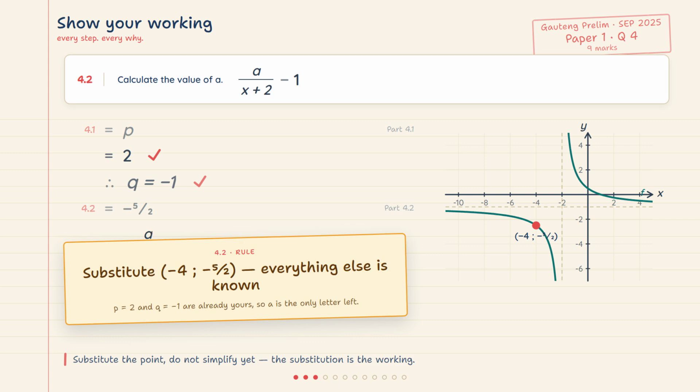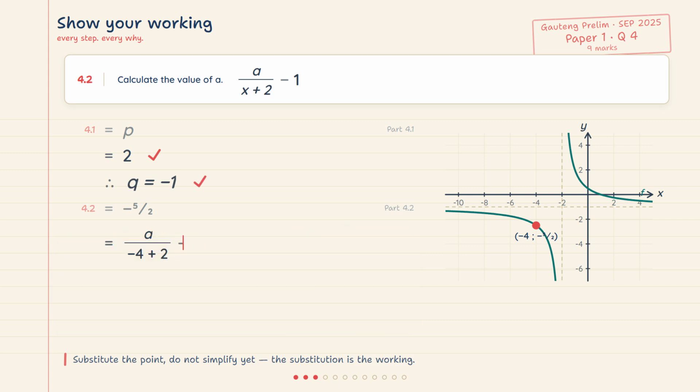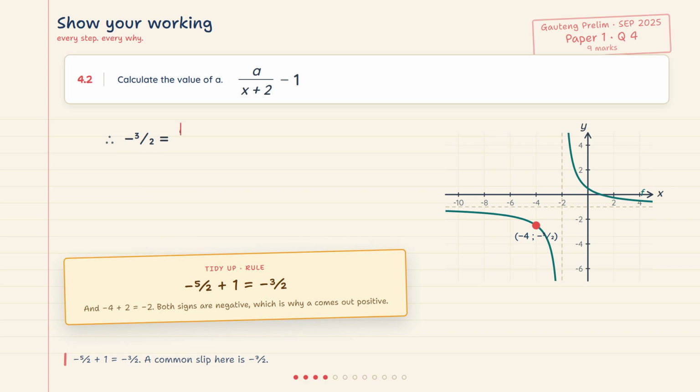You are given a point on the curve, and a point on a curve is always an equation waiting to be written down. Put x as minus 4 and y as minus 5 halves. p and q you already have from the part before, so the only unknown left in the whole expression is a. Minus 5 halves equals a over minus 4 plus 2, minus 1. Tidy both sides.